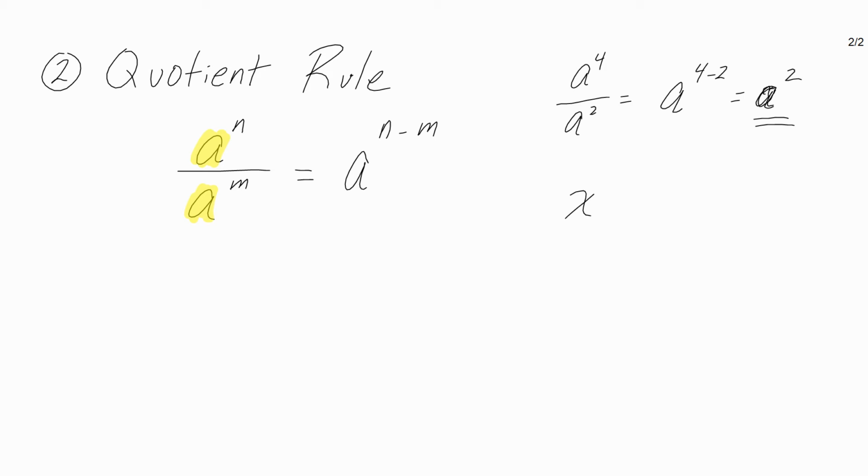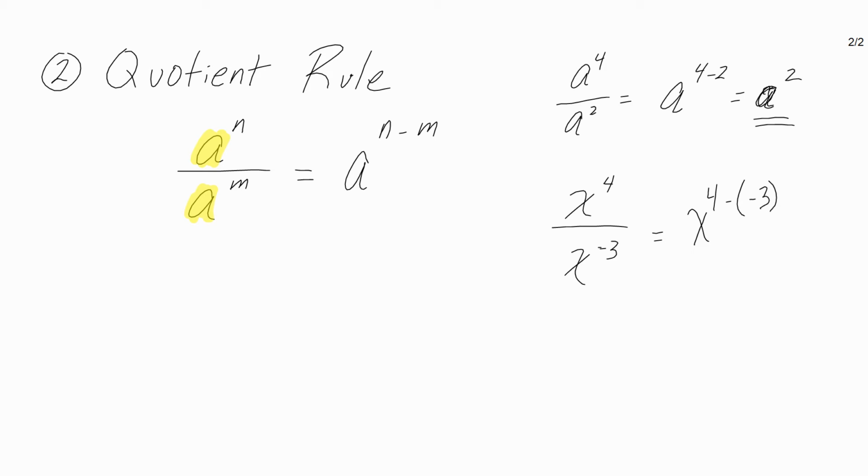x to the 4th over x to the negative 3. Be careful, because you're subtracting. So that would be x to the 4 minus a what? Negative 3.